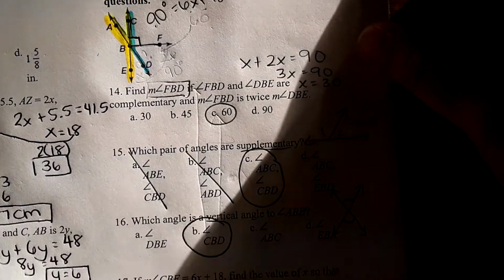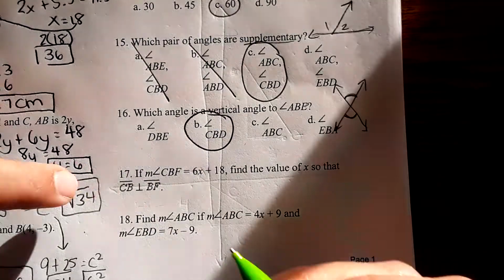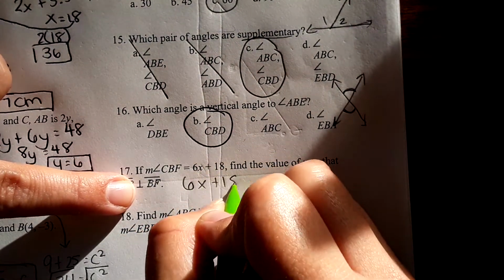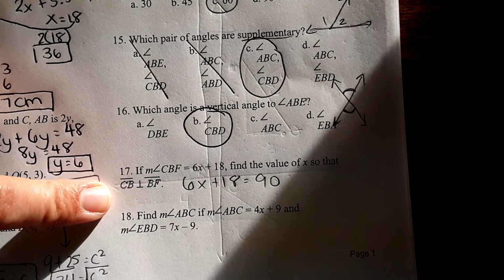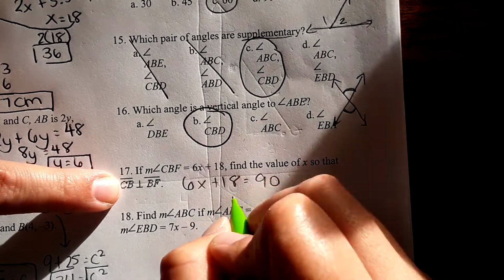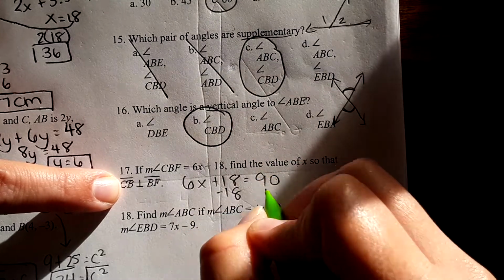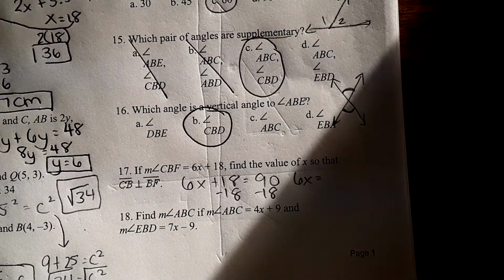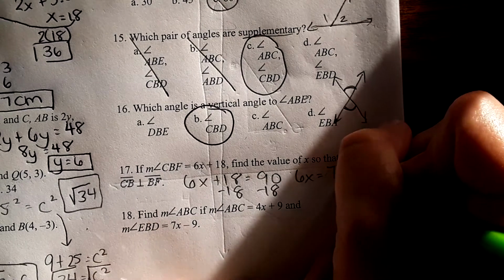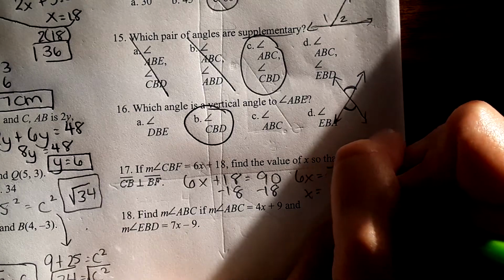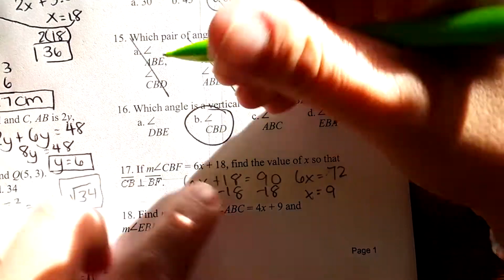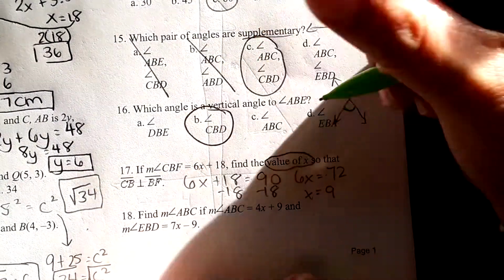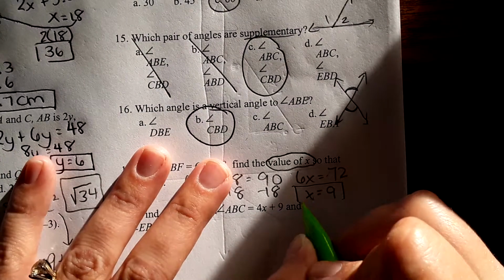I'm going to go ahead and put that equation down here. So 6x plus 18 equals 90, and then we can solve for x. It's 90 minus 18. And then x equals 9. It's just asking for the value of x, so we don't have to plug anything in, and we're done.